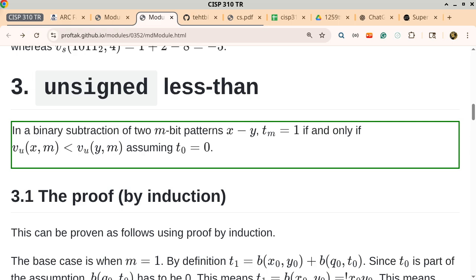So Tm, or T at position m, equals 1 if and only if the unsigned value of x is less than the unsigned value of y, assuming T0 is a 0. All right, what does that mean?